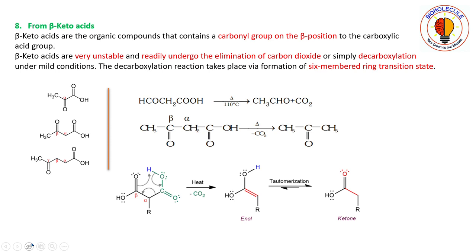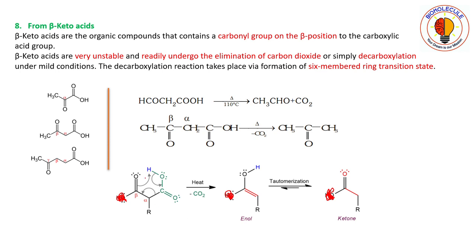So I was discussing the mechanism from the beta keto acid, how from beta keto acid we are getting a carbonyl compound. I was telling that let us not consider this OH. Suppose this is a CH3 group.